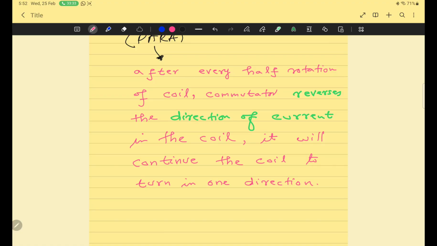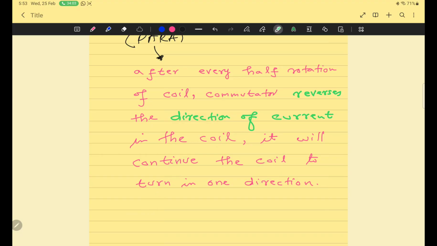They ask again and again, what is the function of the commutator? So the function of the commutator is, sir, it reverses the direction of current. After every half rotation, the commutator reverses the direction of current, and by reversing the direction of current, the coil can continue to turn in one direction.